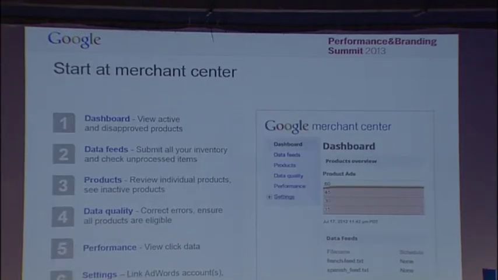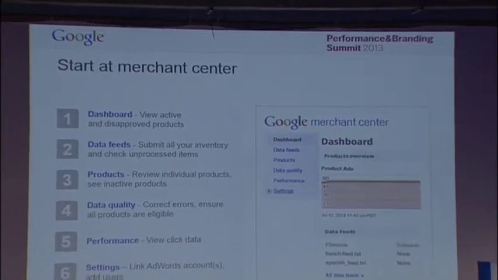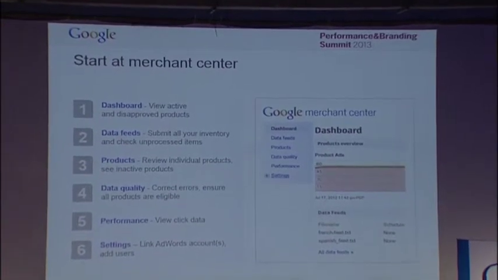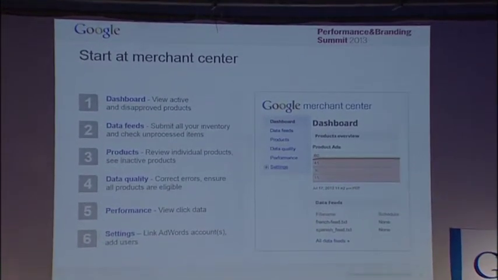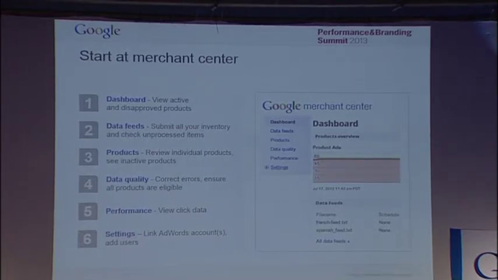All right, so your product feed will be hosted in a specific interface that's called the Google Merchant Center. That's different from the AdWords UI. And that's where you will upload your feed and check everything that is related to your product feed.